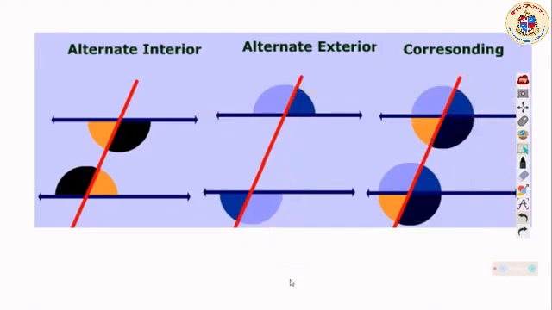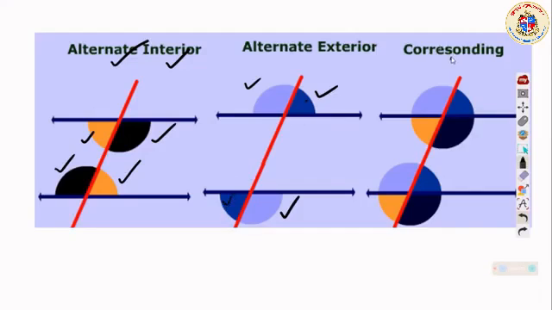The picture is colored for the sake of recollecting it easily. Here is a set of alternate interior angles colored on either side. Here again alternate interior angles, and these are alternate exterior angles, on either side of the transversal.